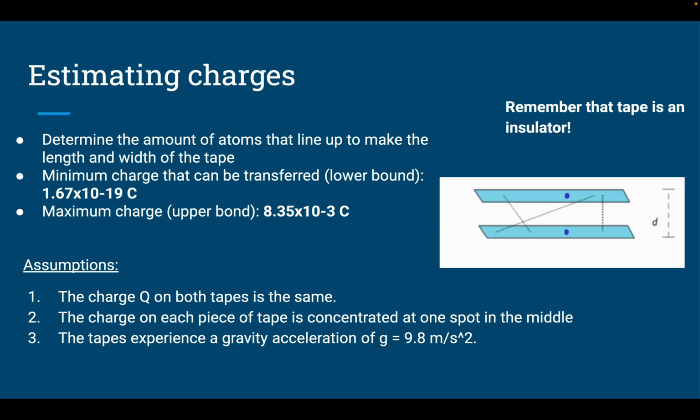In addition, we also made some assumptions to calculate the mass and charges of the tape. The first one being that both charges on the tape are the same in size and magnitude.